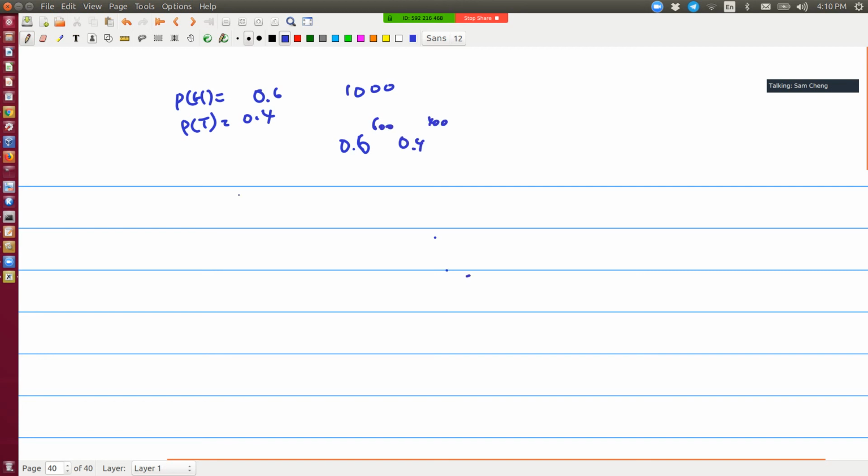For example, if I have a sequence that first has 600 heads followed by 400 tails, that particular sequence has a probability just like that. If we look at that, what is this? This is actually equal to, I can write it as... very small. Yeah, it is small.